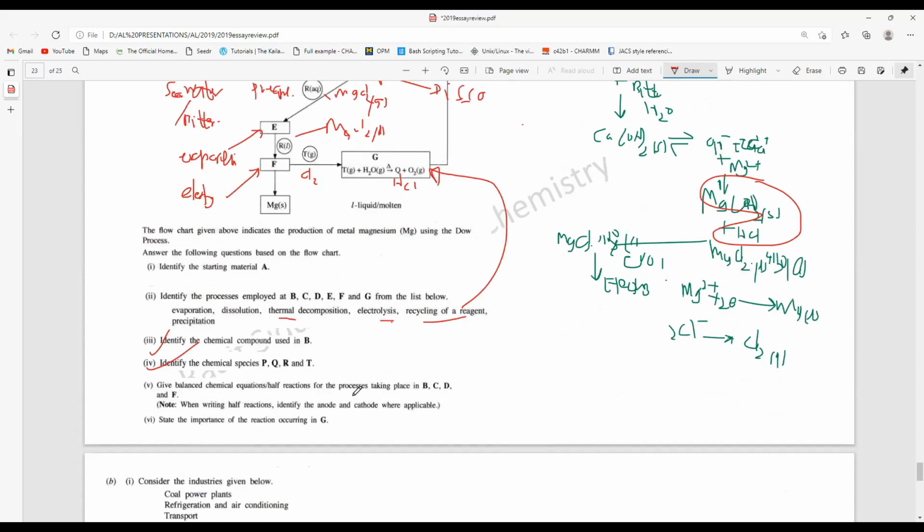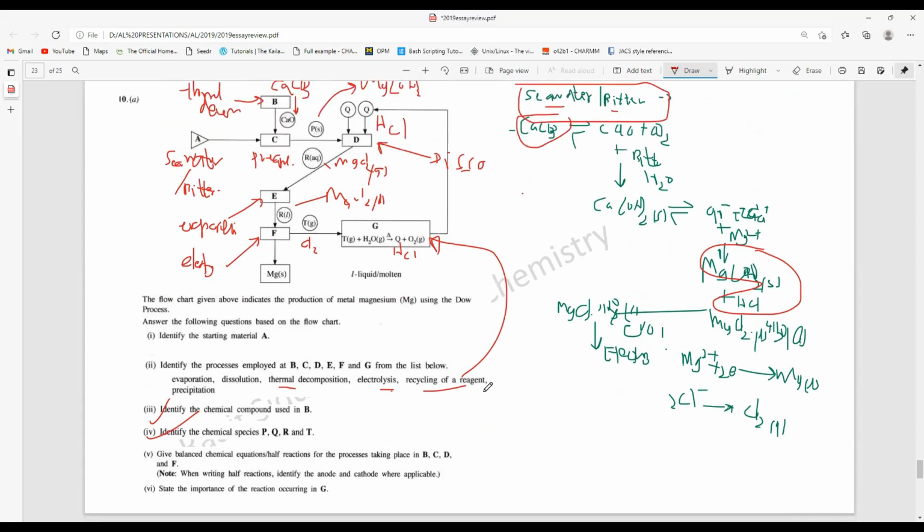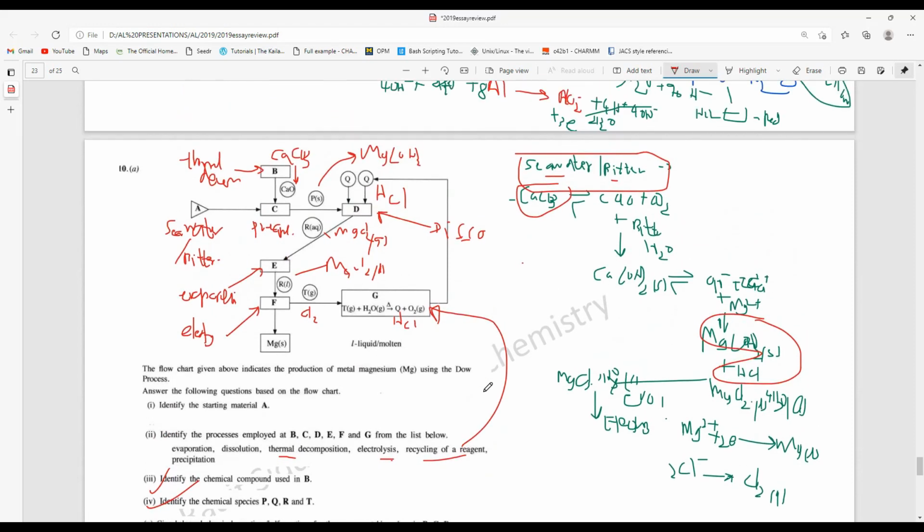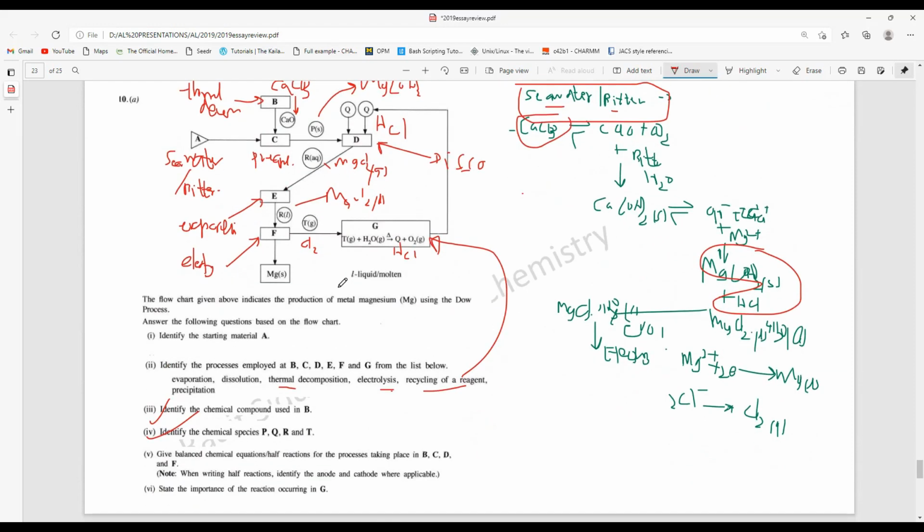Give balanced chemical equations, half reactions for the processes taking place at B, C, D, and F. So this is where you need to understand. What is B here? Calcium carbonate decomposition. You need to write calcium carbonate decomposes into calcium oxide and carbon dioxide.